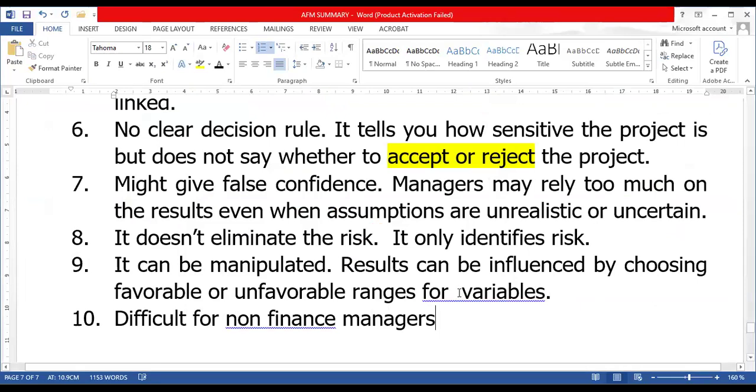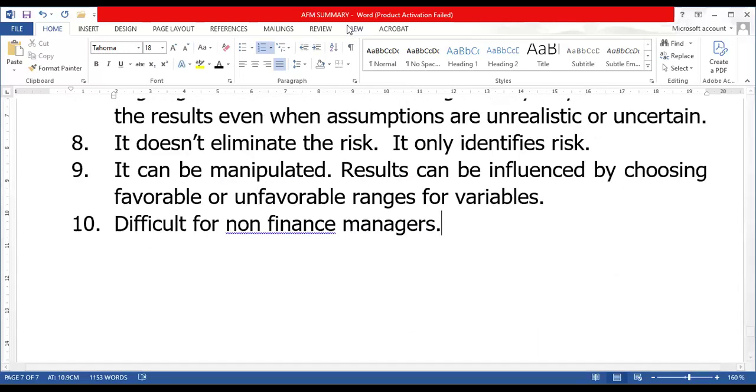It is not for everyone. Take it to people who are doing Swahili. But some of those ones are smart as well. But okay, it is difficult for non-finance managers, especially in terms of interpretation.